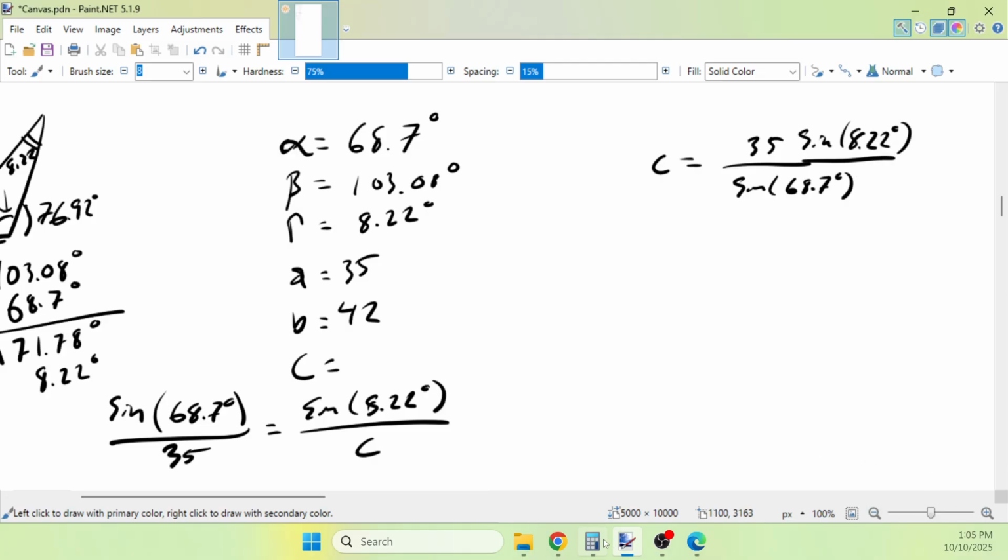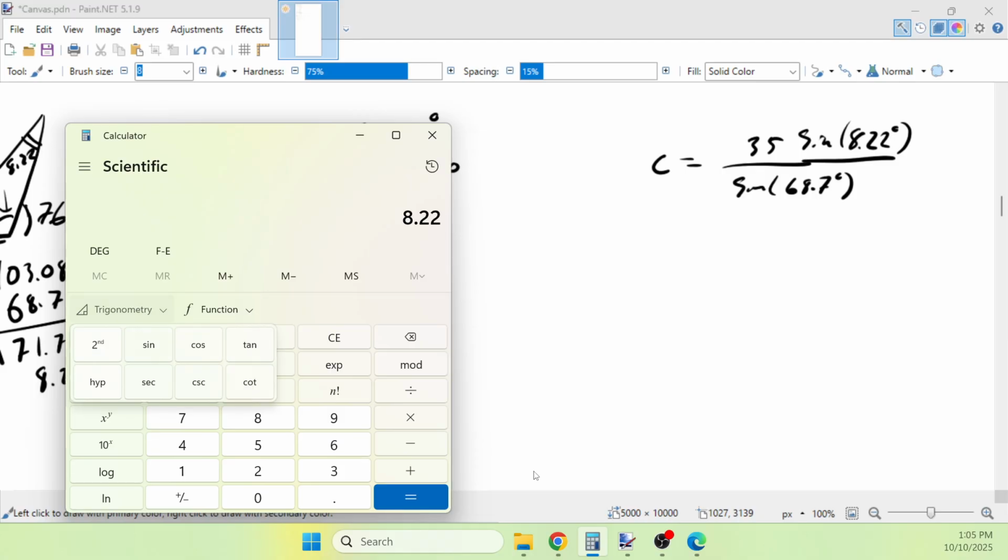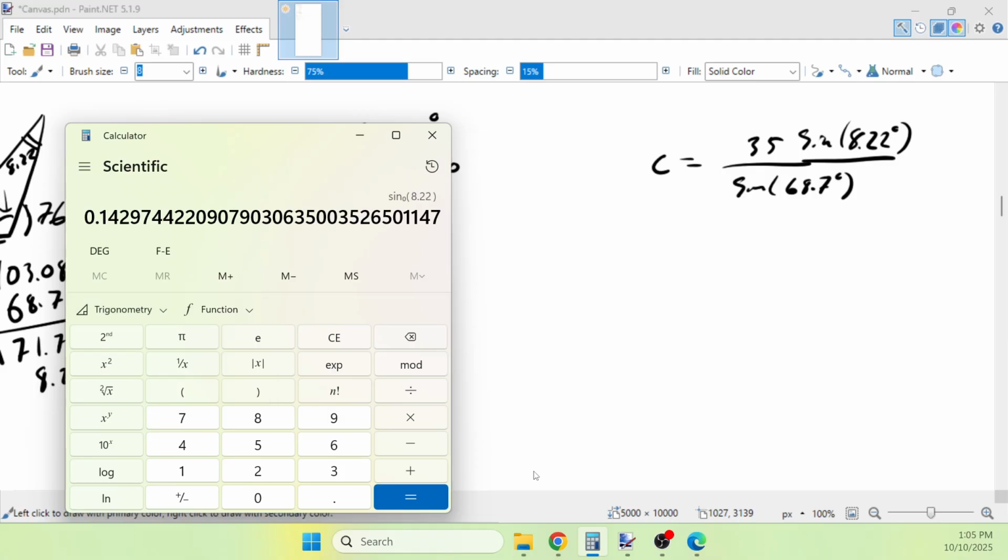Calculator. Type in 8.22 degrees. With that, we get 0.14297.